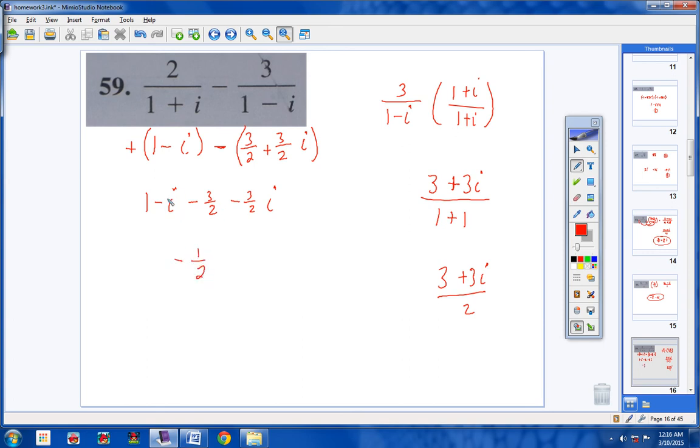Now I have a negative 1 here, even though you can't see it. So a negative 1 and a negative 1 1/2 is a negative 2 1/2, okay? And of course, 2 1/2 is 5 over 2, so negative 5 over 2 i. And that's number 59. Hopefully we did not make a mistake. No, we did not. We are good.